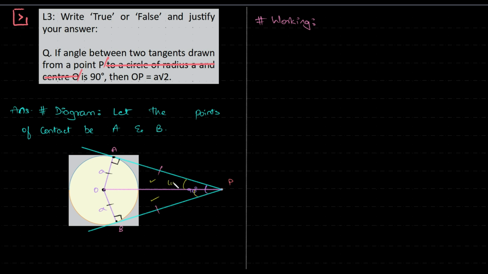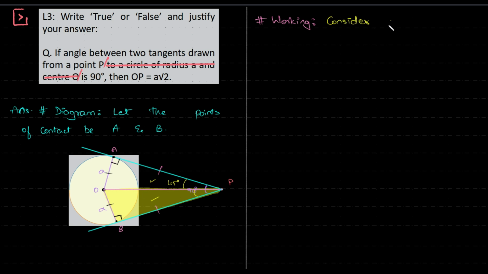Right? 45 degree. Quite simple. And now we can consider either one of these triangles. And what can we do with that? That is something that you guys have to think now. I've given you guys all the clues.